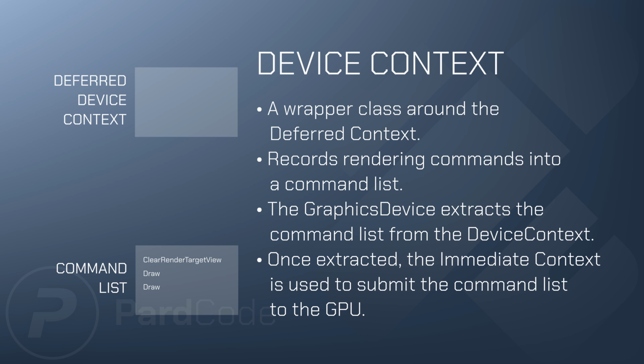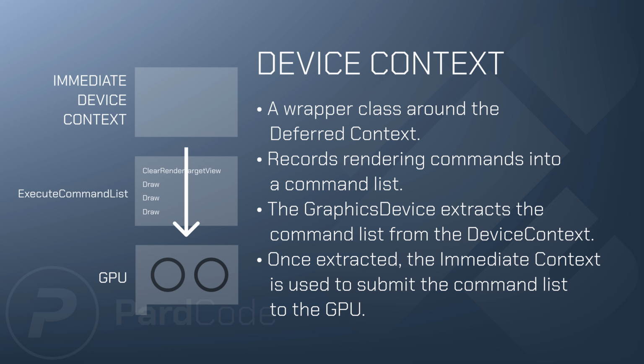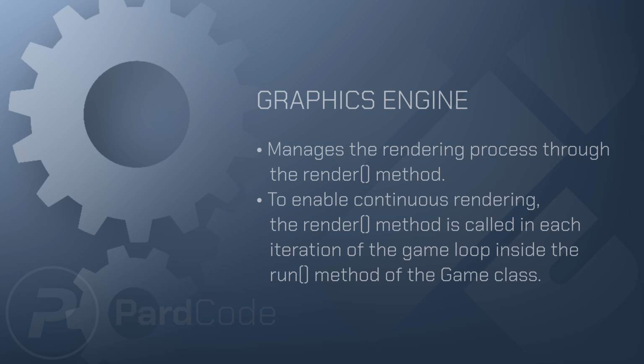The graphics device class will be responsible for extracting command lists from the deferred device context. Once extracted, the command list will be sent to the GPU by the immediate device context. We will also manage the rendering process in the graphics engine class by adding a render method.